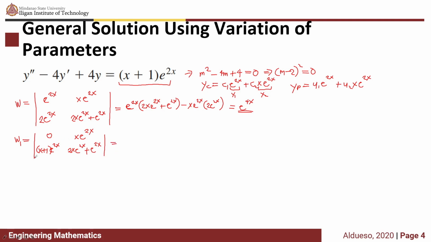Getting the determinant, we have negative (x plus 1) x e to the 4x.